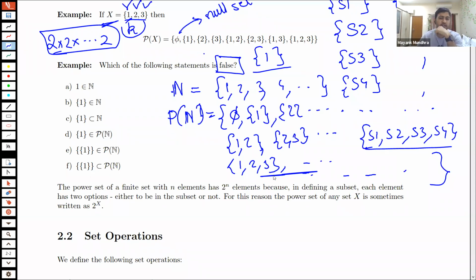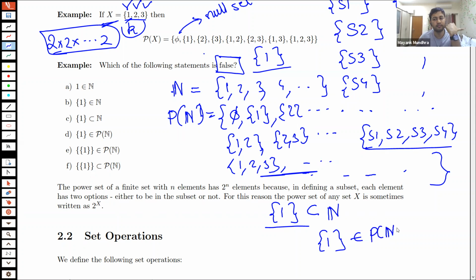So the double braces are basically coming from the fact that {1} is a subset of N. Because {1} is a subset of N, {1} becomes an element of the power set of N. Now you can call {1} as, let's say, t.